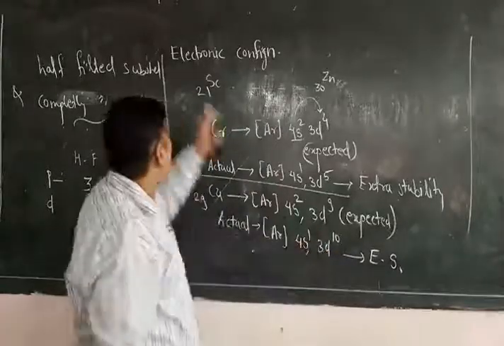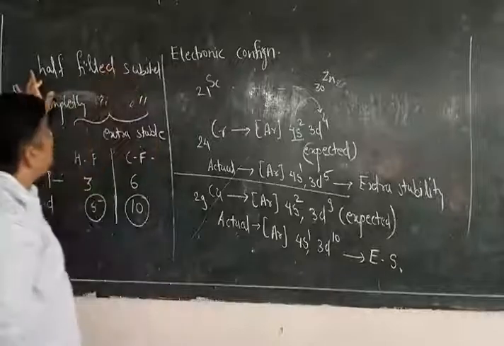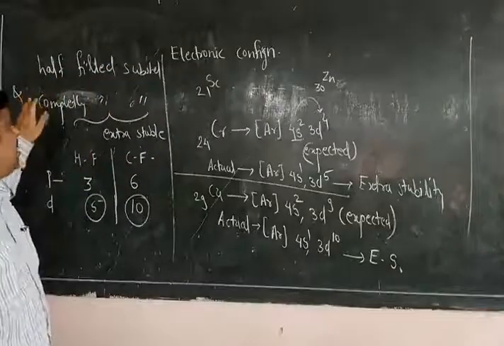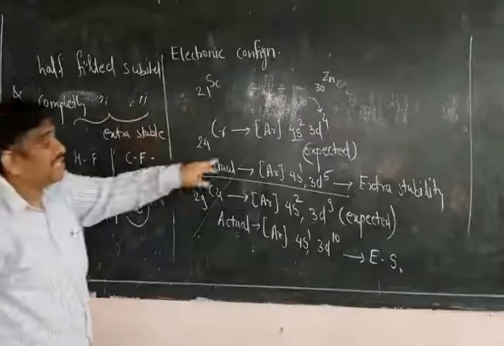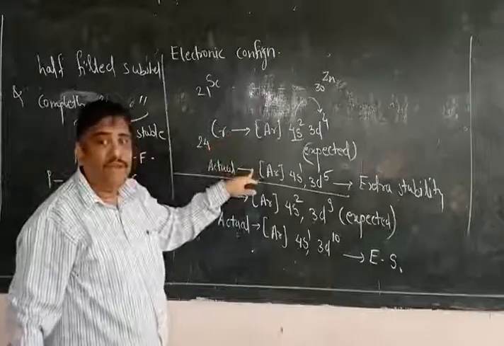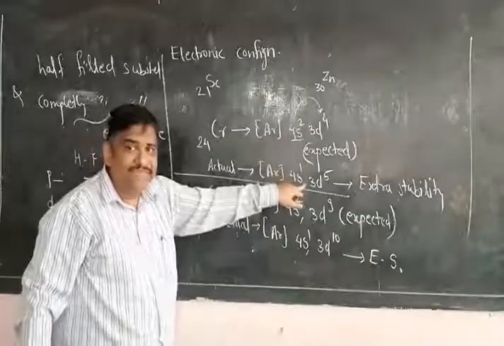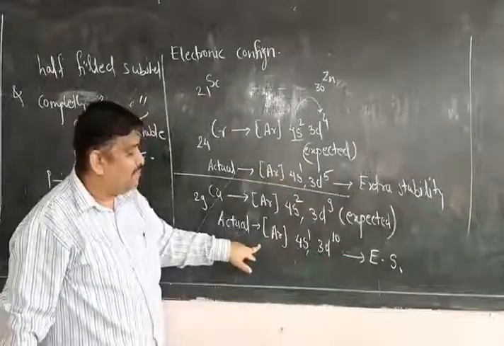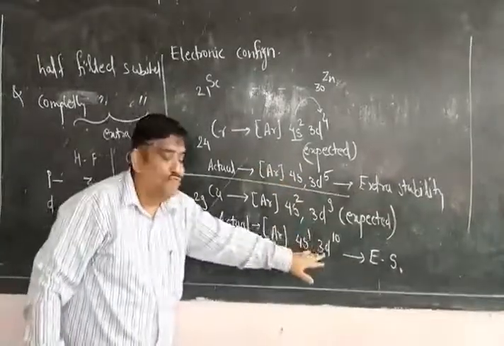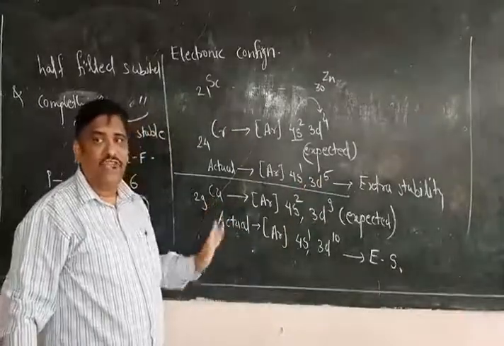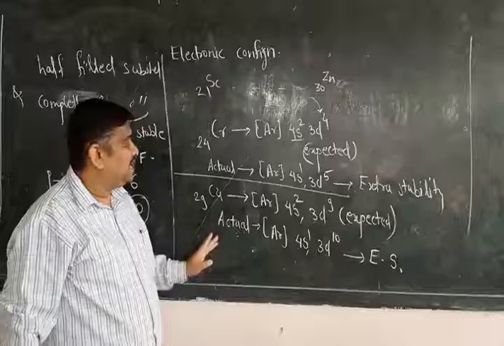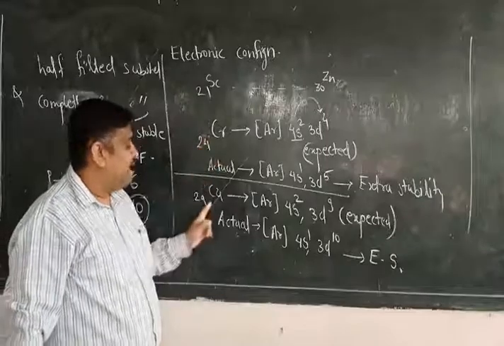The extra stability principle is for half filled as well as completely filled subcells. In case of chromium, the extra stability is due to the half filled D subcell, and in case of copper, due to the completely filled D subcell.